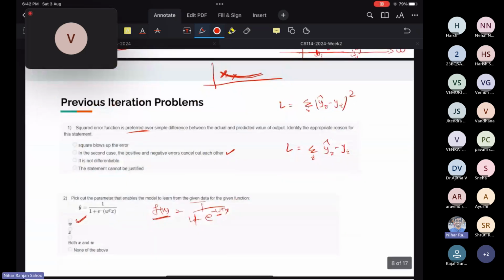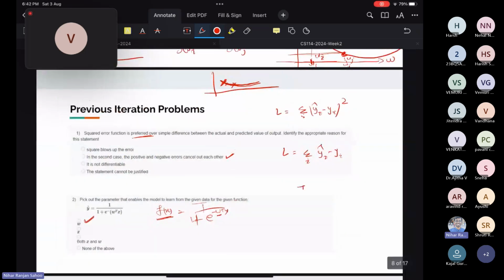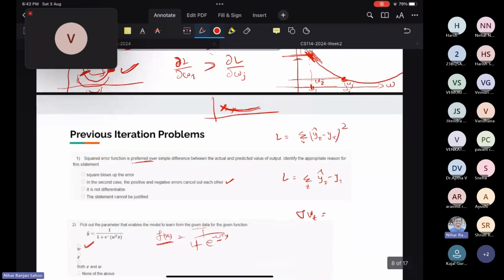Okay, so what is this delta W_t we saw here? We know delta W_t is del L by del W. So what do we mean by differentiation? We're differentiating a function.